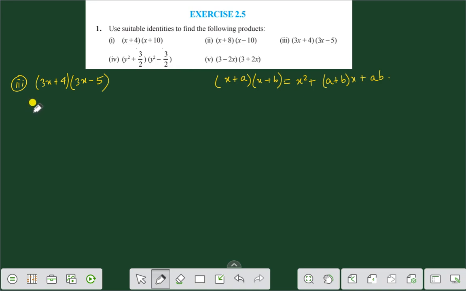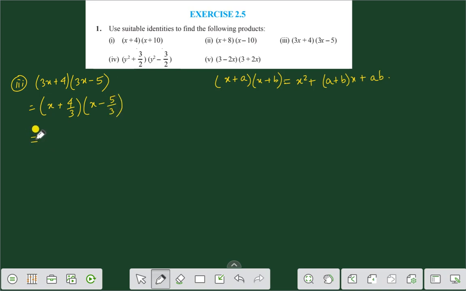Therefore we are getting, you can write this as 3 times (x + 4/3) into 3 times (x - 5/3).